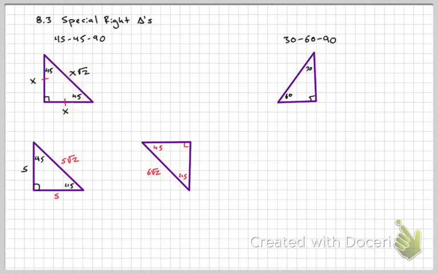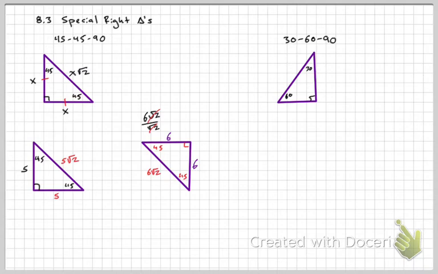So in this case, I would take 6 rad 2 and divide it by radical 2. The radical 2's cancel each other out, so my leg lengths are 6 and 6. Notice if I multiplied this by radical 2, I get 6 rad 2, and it follows the same concept that I did in this problem right here.